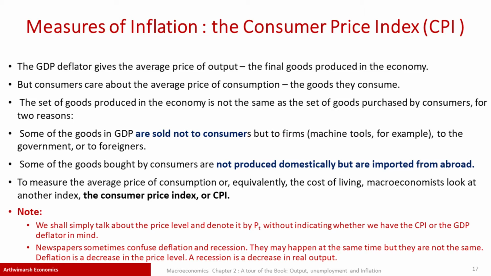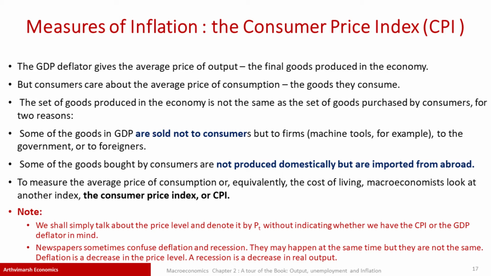Some of the goods in GDP are sold not to the consumers but to the firms in the form of machines, equipment, etc., that we call capital goods, or to the government or to the foreigners. Some of the goods bought by the consumers are not produced domestically; they are imported from abroad.